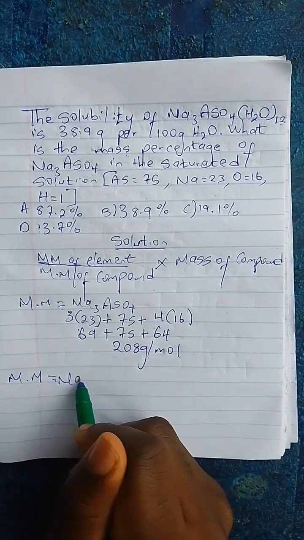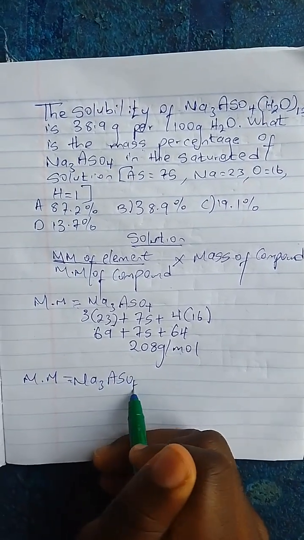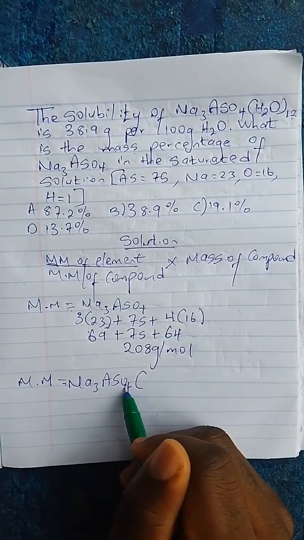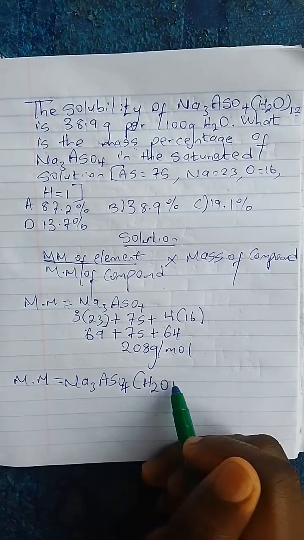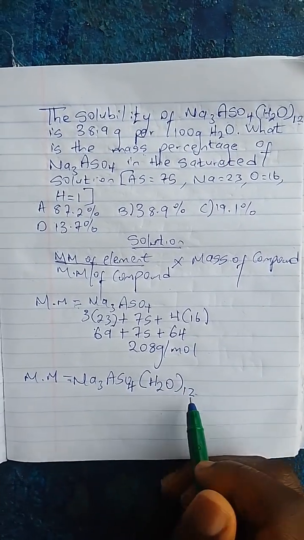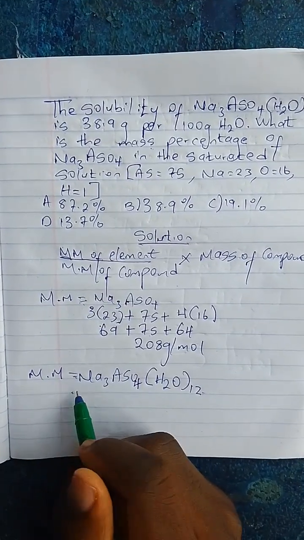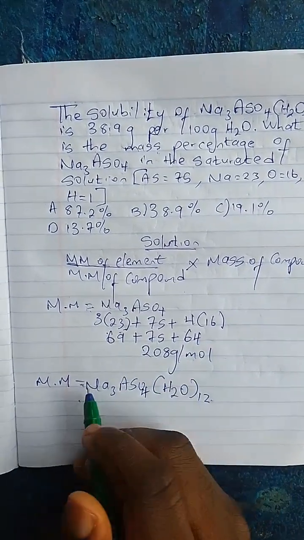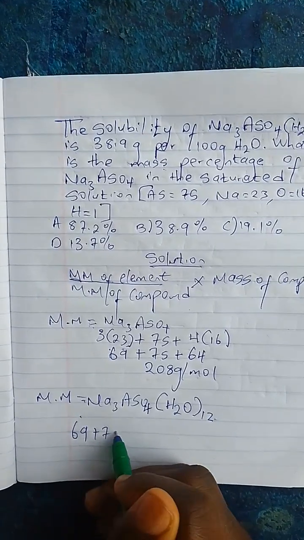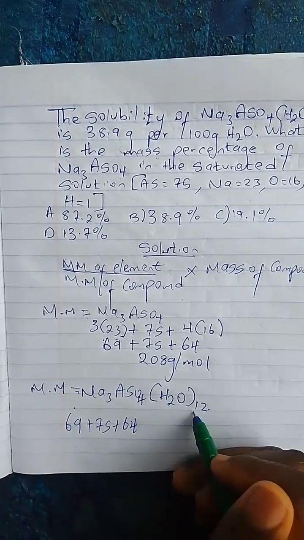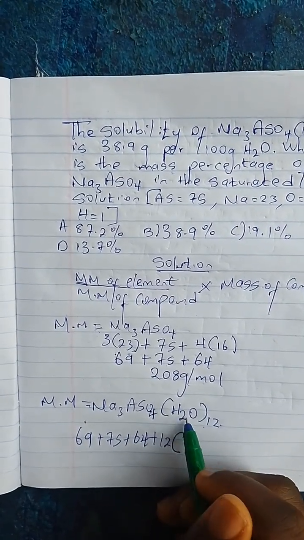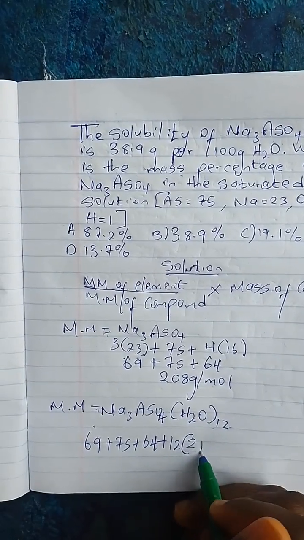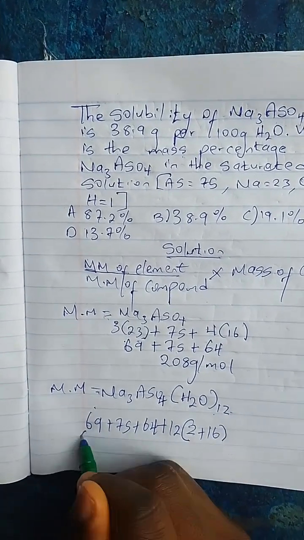The compound is sodium arsenate dodecahydrate. So calculating this, let's bring out the parameters we have earlier: 69 plus 75 plus 64. Now take note, 12 is multiplying everything in the bracket. Plus 12, open bracket, 2 times 1 will give us 2 plus 16, which is the mass number.